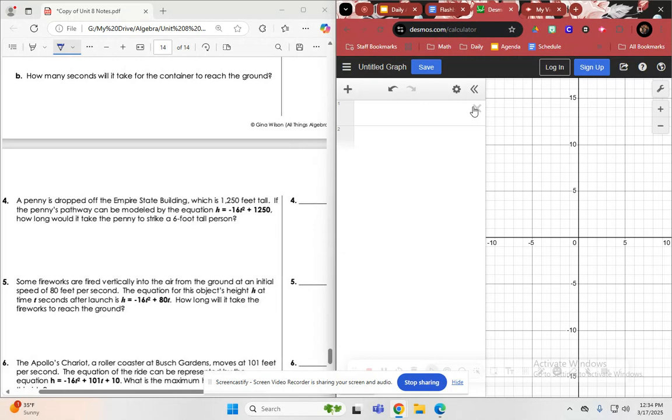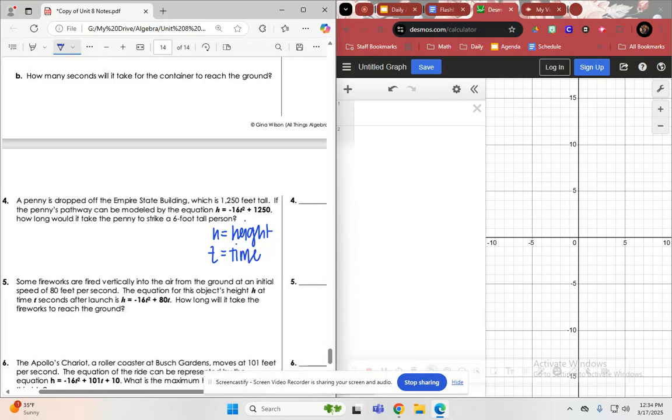So what we're going to do with this, so that h represents our height and the t represents our time, right? So we are given a 6-foot tall person, so that is our height.